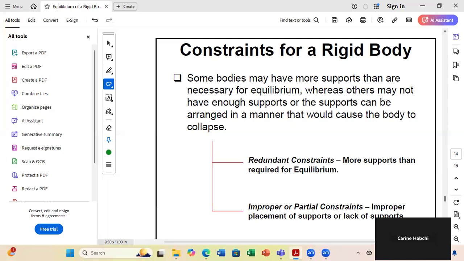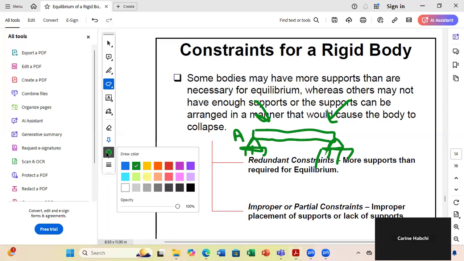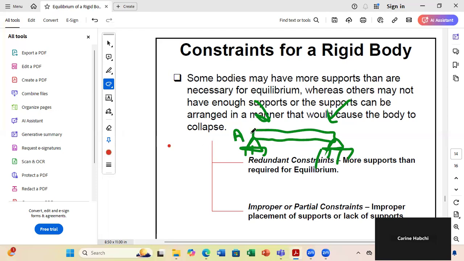Example, if you have a beam, and you are applying forces on it. If you put two pins, a pin at A and a pin at B, and they ask me to solve for the external reactions, I have two unknowns at A, A_X and A_Y.